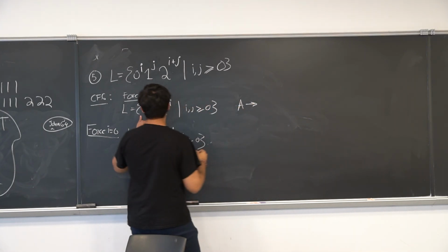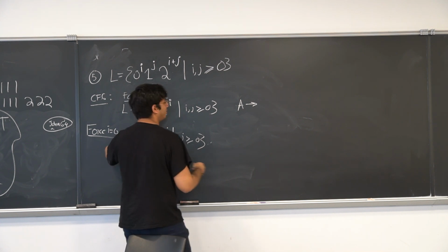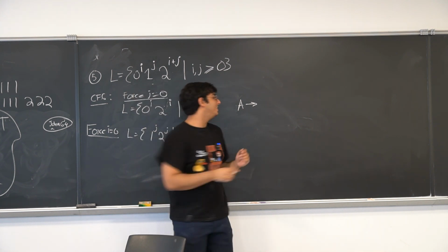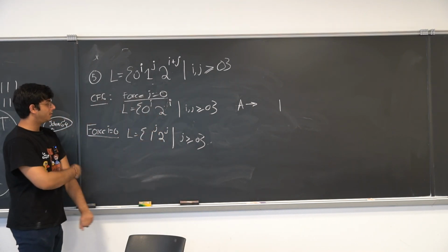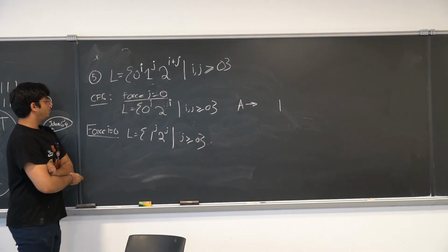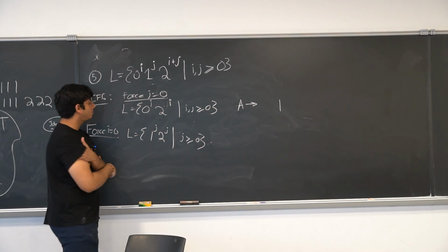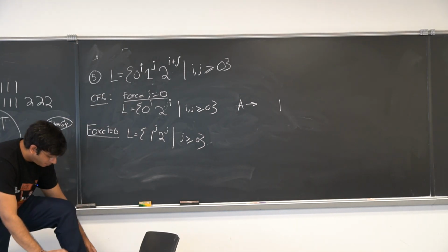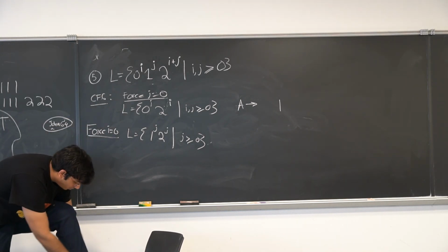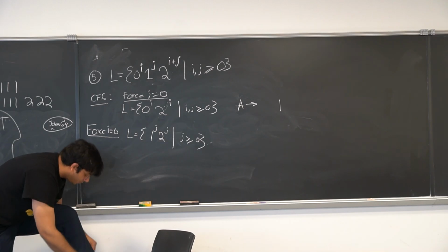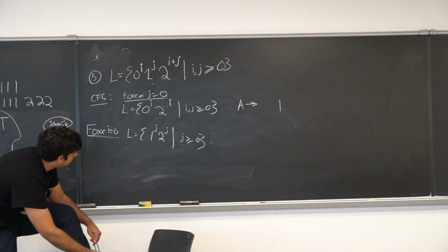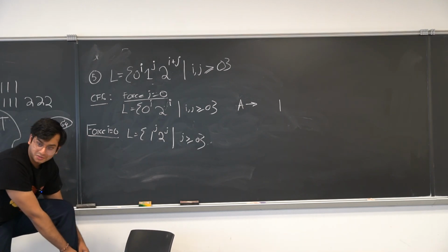So A becomes, someone should tell me what to put here. How do I write this as a context-free grammar? Are there no ideas, or is it too trivial of a question?